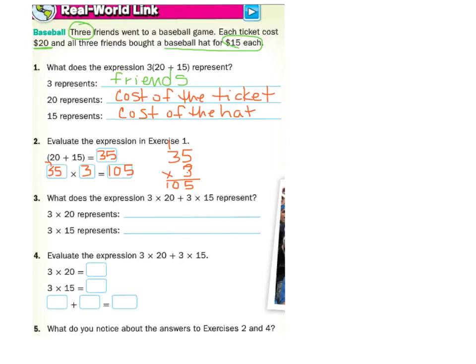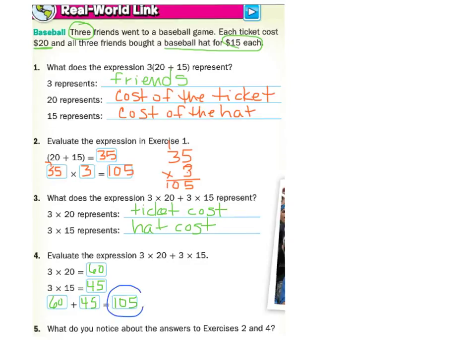Now they've given us a new version of this expression, 3 times 20 plus 3 times 15. 3 times 20 represents the ticket prices, and 3 times 15 is the hat costs. Okay, so 3 times 20 is 60, and 3 times 15 I know is 45. So 60 plus 45, again, is $105.